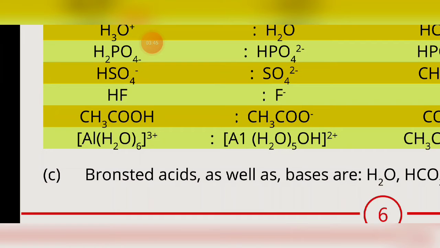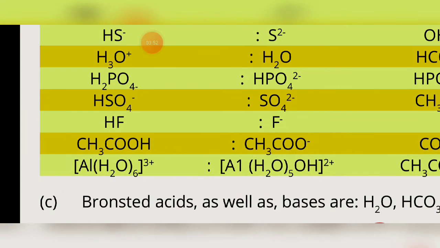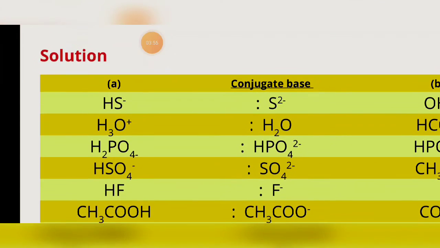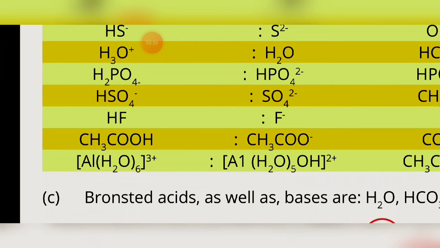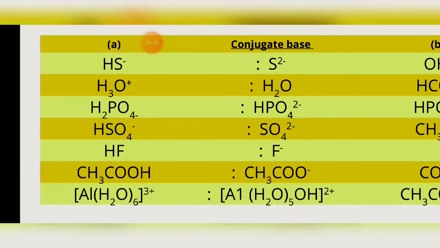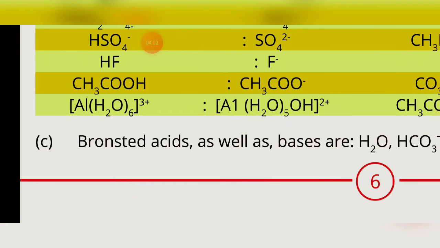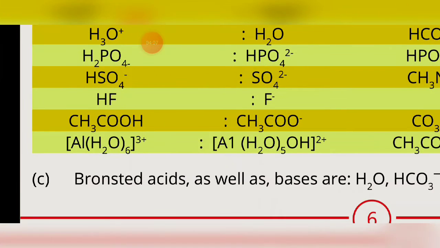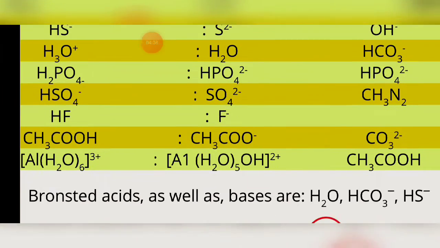By losing one hydrogen, it will have a +2 charge. In the first form, the acidic form, it has a +3 charge, but in the form of the conjugate base, aluminium pentaaqua hydroxide will have a +2 charge.